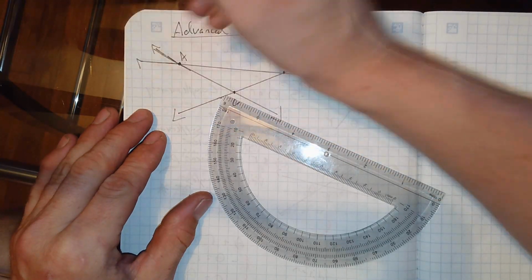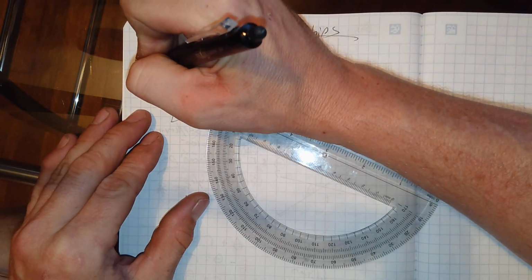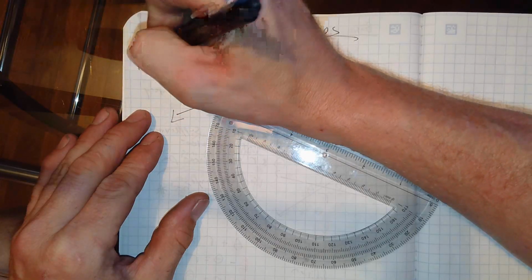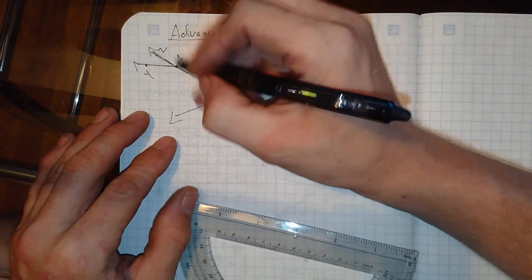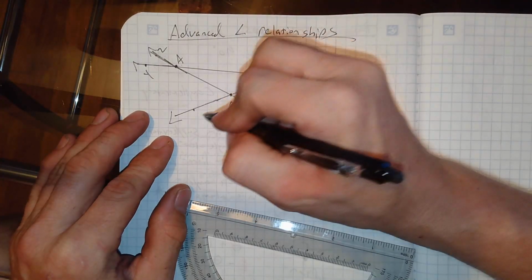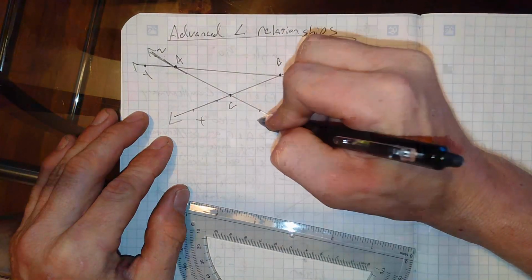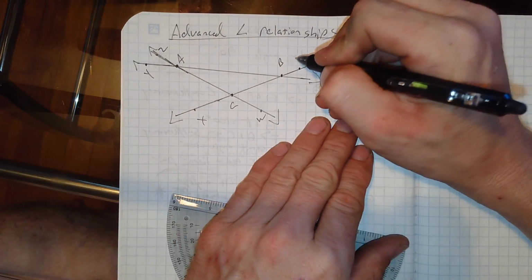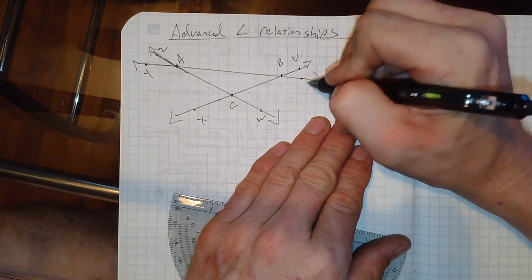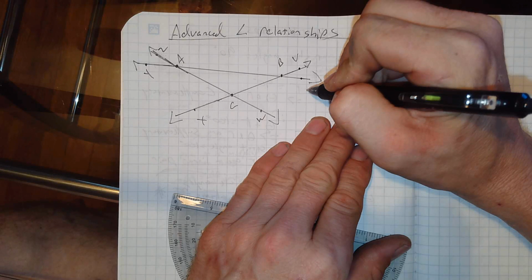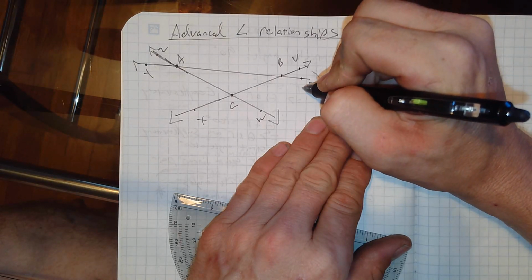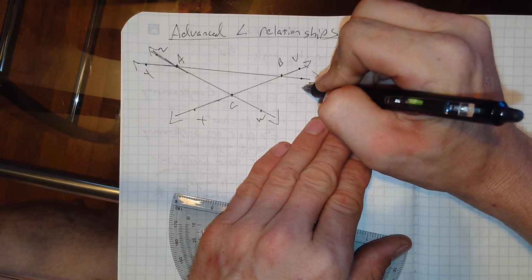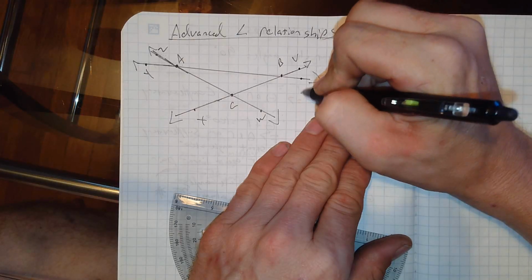So say we had Y and Z, and then we had X and W, right? And then we had V and, I don't know, V and I used X, M, why not?